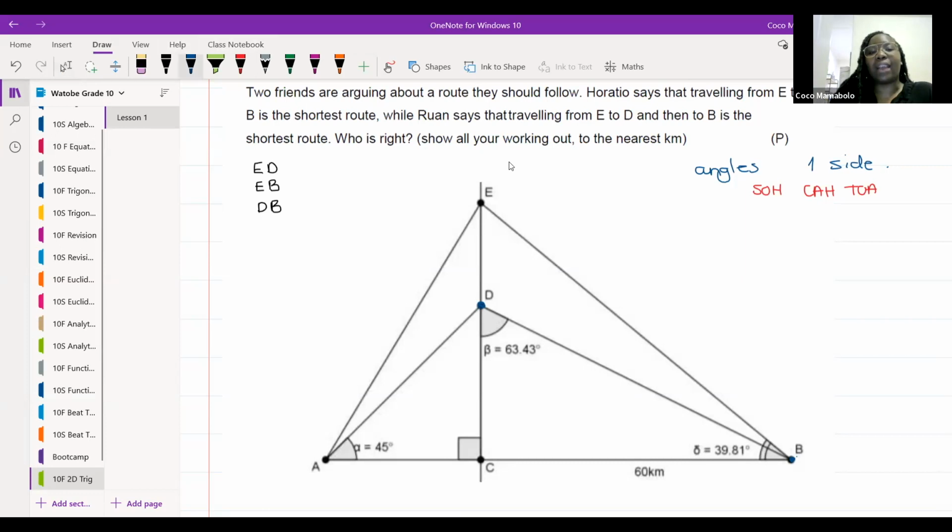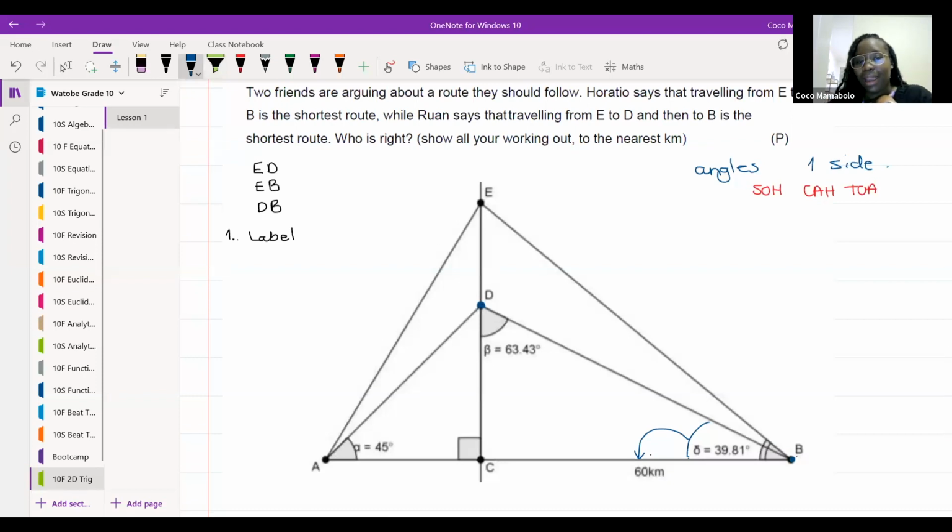All right, we can use angle B. Okay, we can use angle B, guys. All right, so if I use angle B, what is 60 kilometers in terms of my B over here? Is it my adjacent? Remember, guys, step one is to label. Is it my adjacent, my opposite, or my hypotenuse? What is 60 kilometers in terms of it?